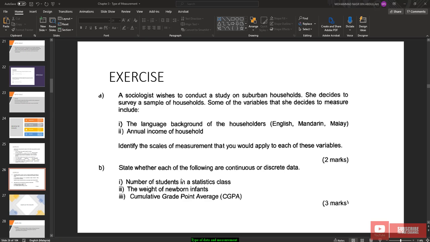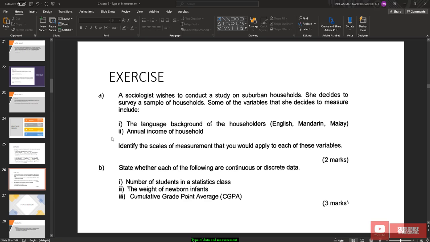So it's also a simple task for you to do. Please test yourself on what type of variable it is for the first one, second one, and third one. And if you can, please also identify what type or level of measurement for each variable that this question asks.